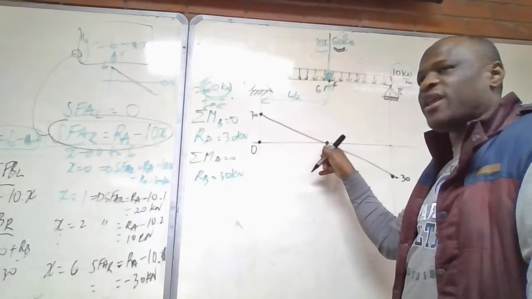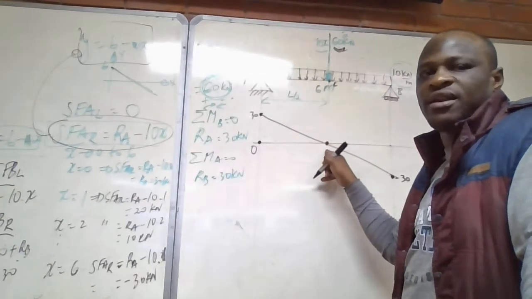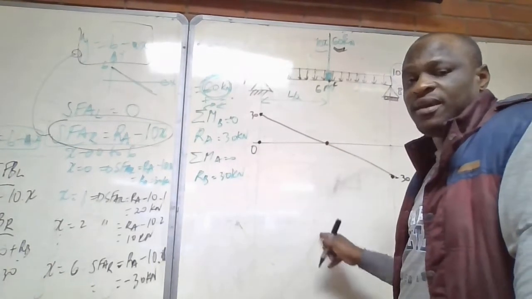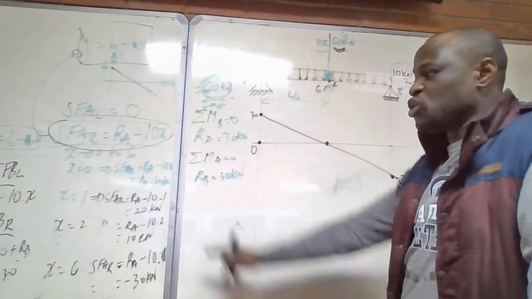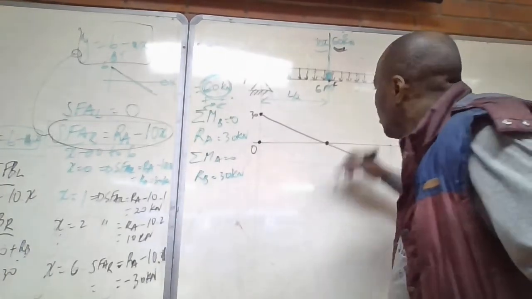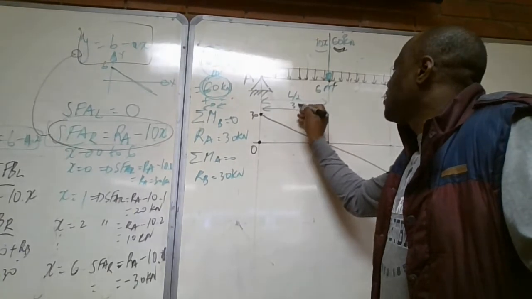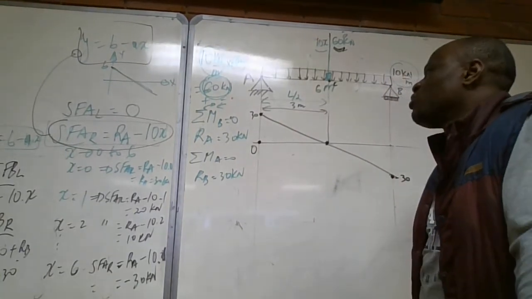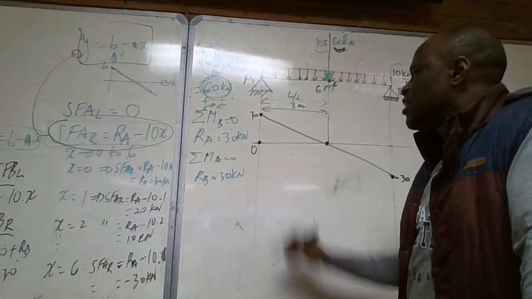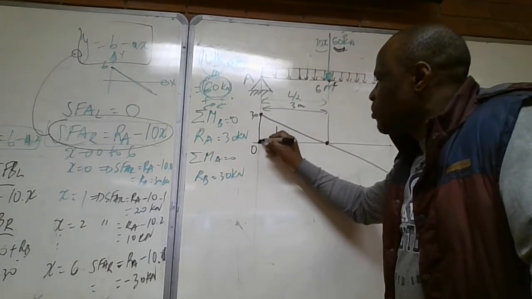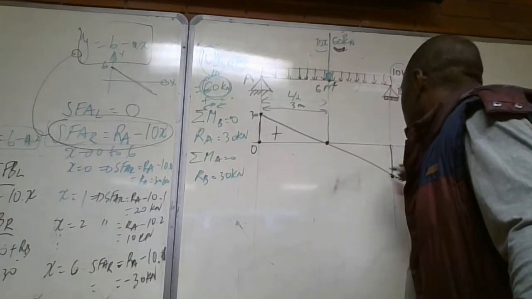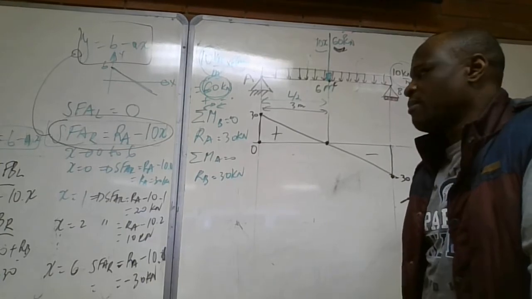And remember, wherever the shear force crosses the 0 line, that way we have a bending moment maximum. It will show in the calculation of the bending moment. And this point, because it's half, it should be at half of 3 meters. Next point C. We put the sign, we reinforce our diagram, and this is our shear force diagram.